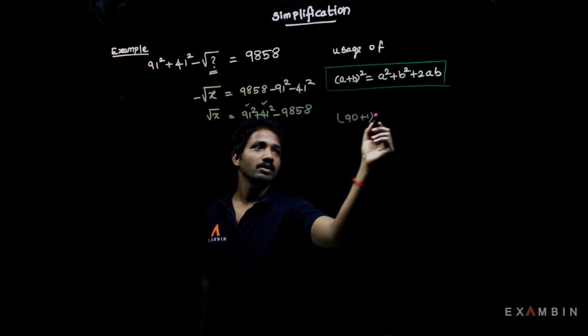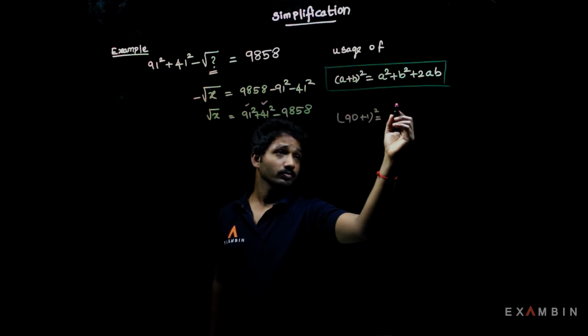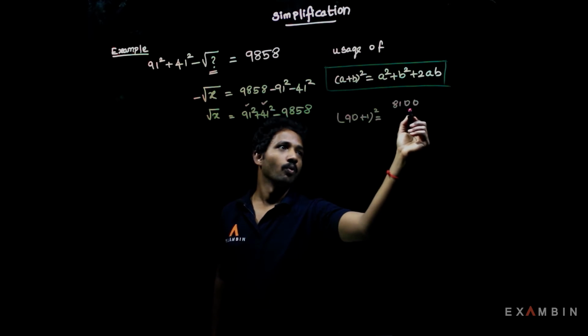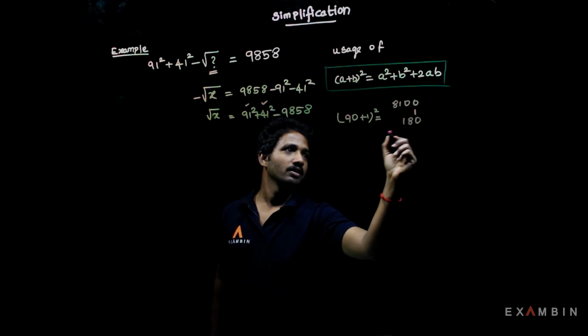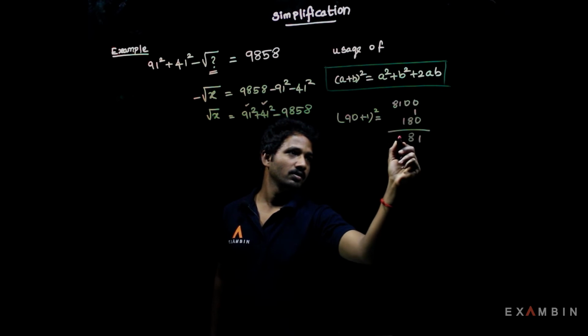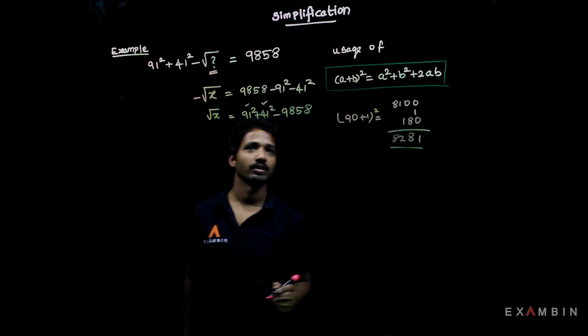90 plus 1 squared is equal to 90 squared, 8100, 1 squared, 1, 2 into 90 into 1, 180. The answer would be 8281.